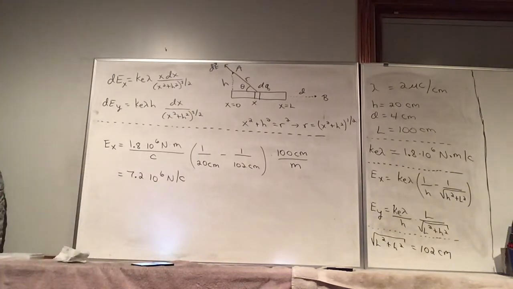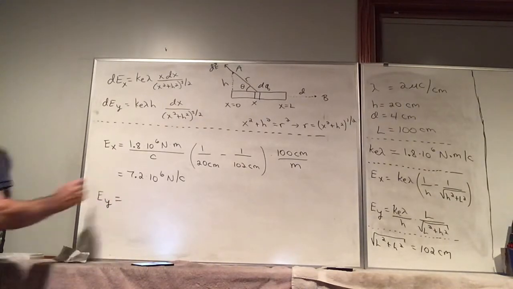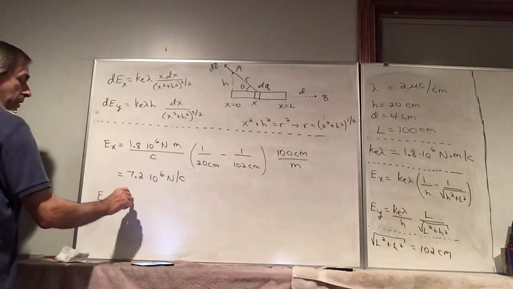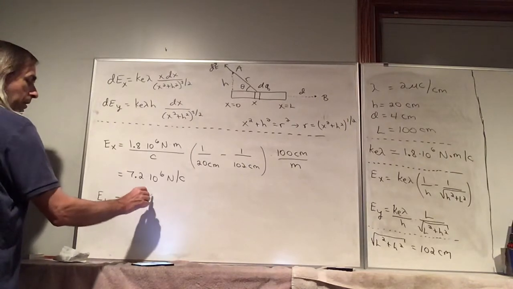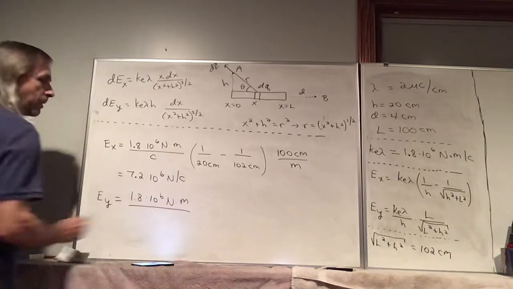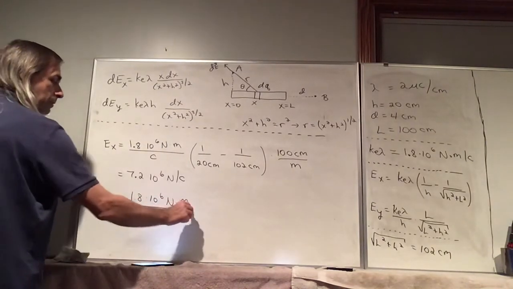So the x component of the electric field is 7.2 times 10 to the 6 newtons per coulomb. Okay, now let's find EY. So we have this KE lambda over H. So we have 1.8 times 10 to the 6 newton meters.